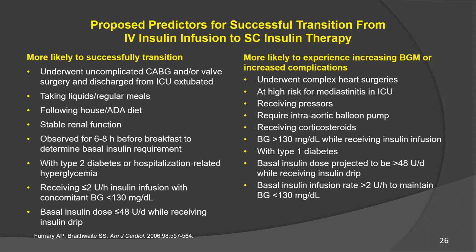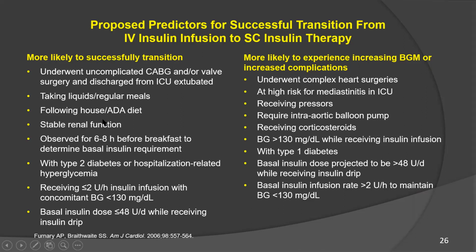So, as you can see on the left side of the screen here, the factors are those who underwent uncomplicated CABG surgery and or valve surgery and were discharged from the ICU extubated. That means they were stable. They are taking liquids, regular meals. They are following the diabetic diet as advised, for example, an ADA-associated diet.